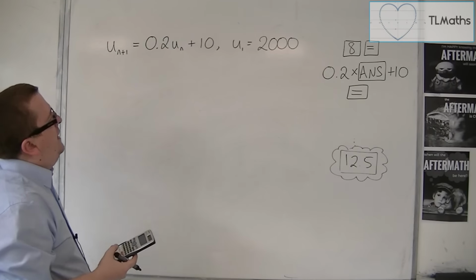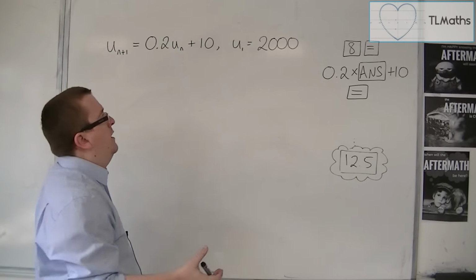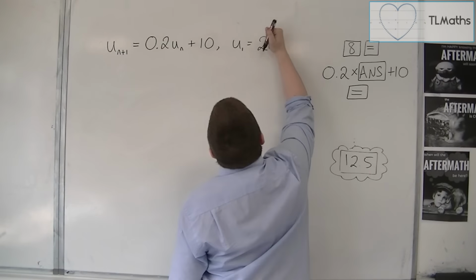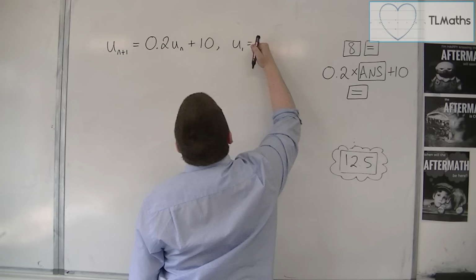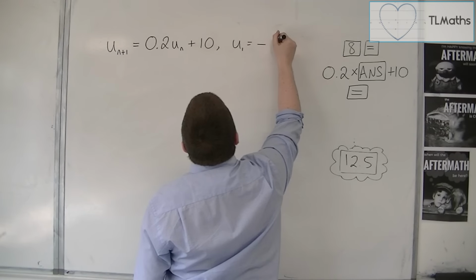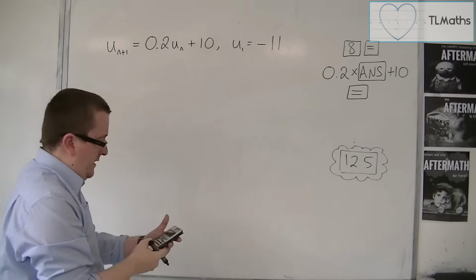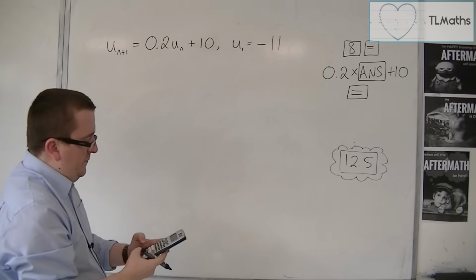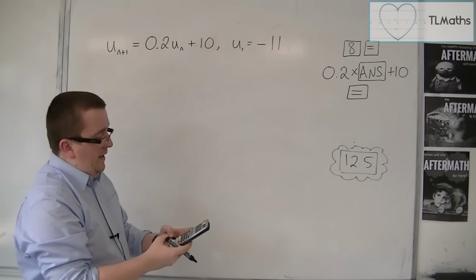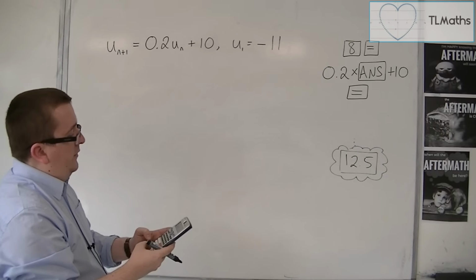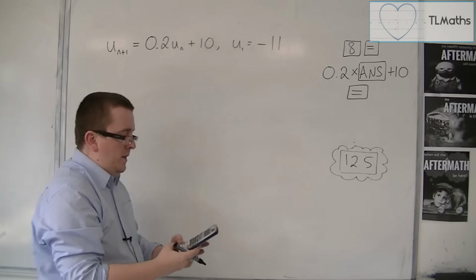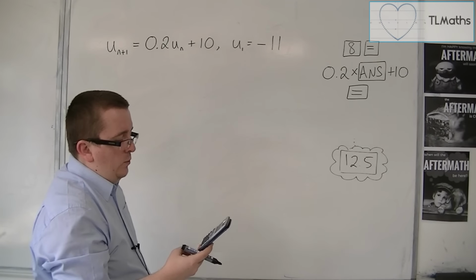Okay, let's try it with a negative number. Let's try minus 11. Surely that can't be the same thing. So minus 11 equals, then 0.2 times the answer key plus 10, and we keep pressing equals.